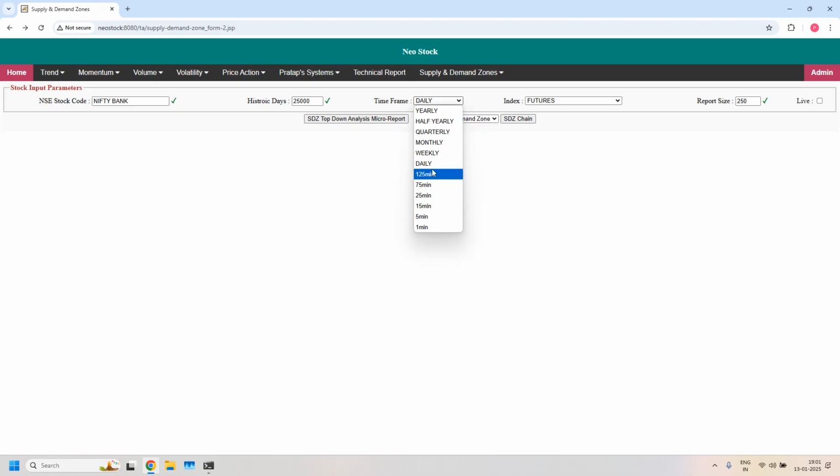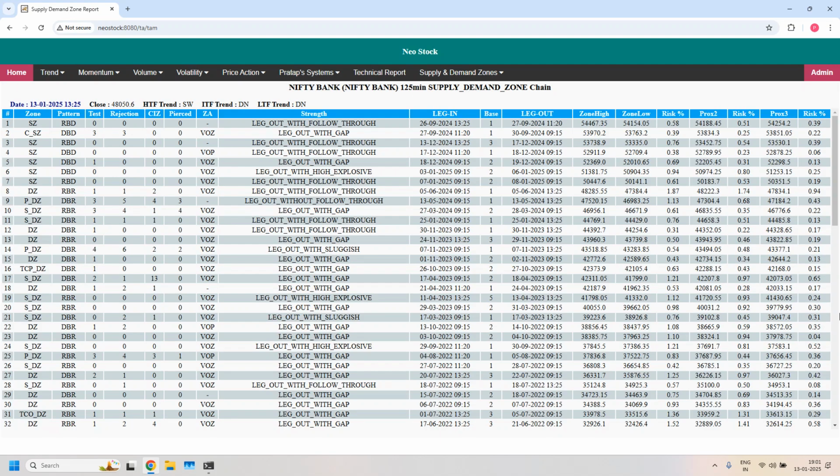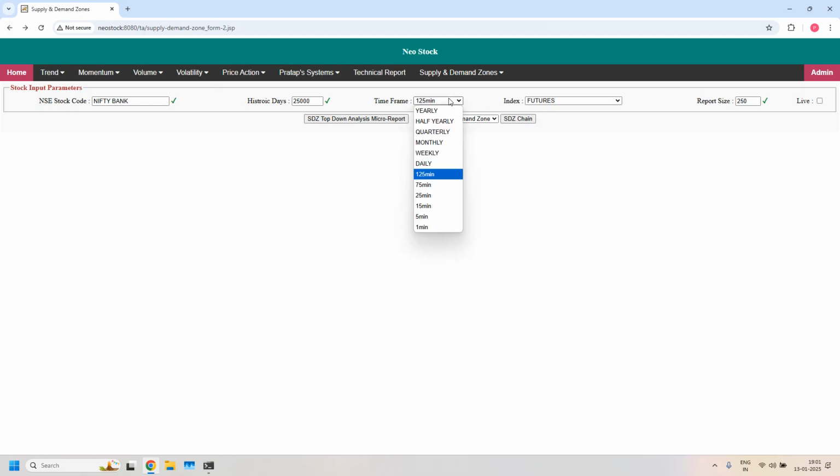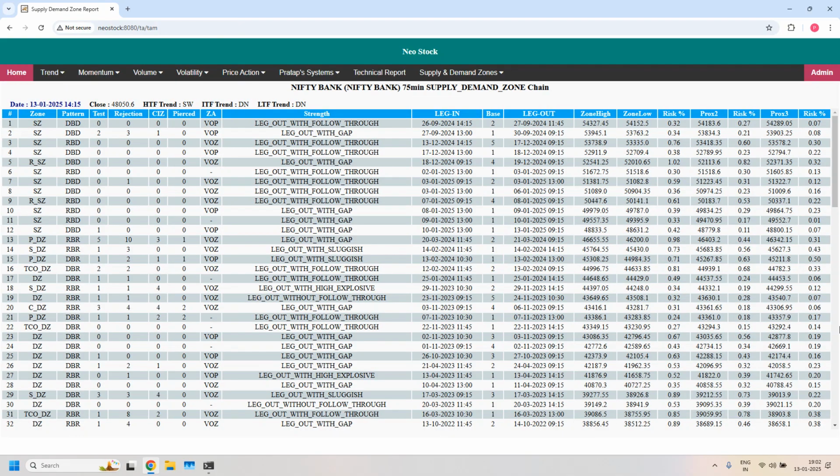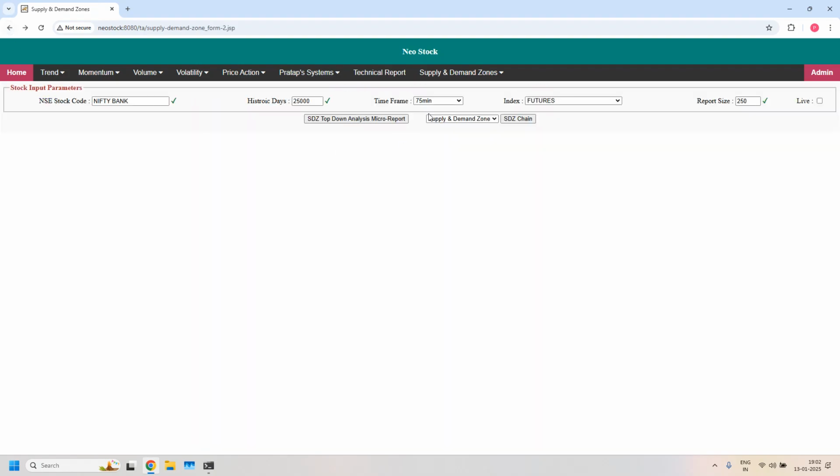Next, 125 minute supply demand zone chain for Bank Nifty. Next, 75 minutes supply demand zone chain for Bank Nifty. Next, 15 minutes supply demand zone chain for Bank Nifty.